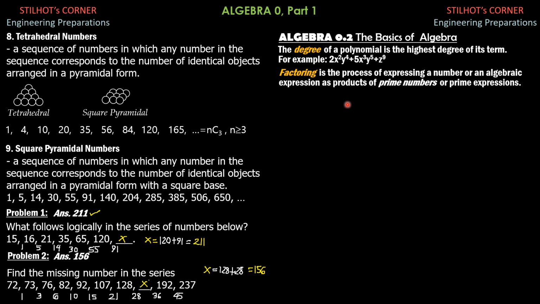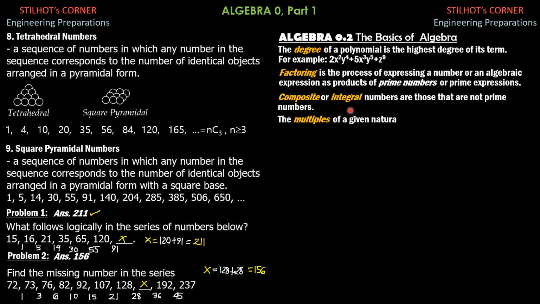So that's why we need to define first prime or composite or integral numbers are those that are not prime numbers. The multiples of a given natural number are those natural numbers greater than 1 that are exactly divisible by the given natural number. So that's the definition.